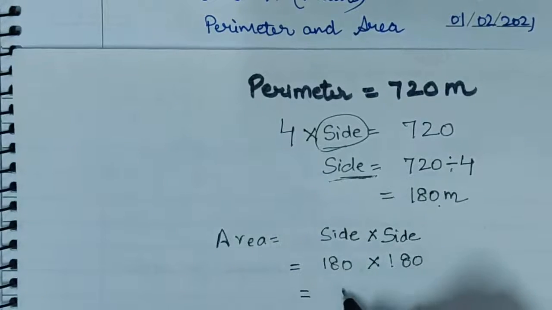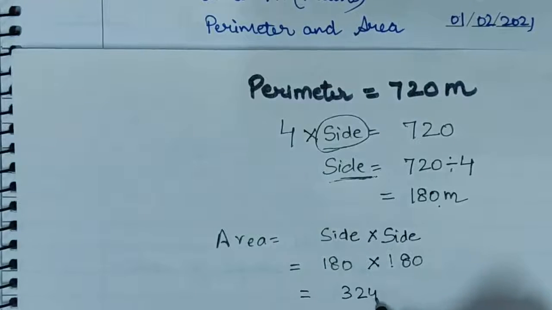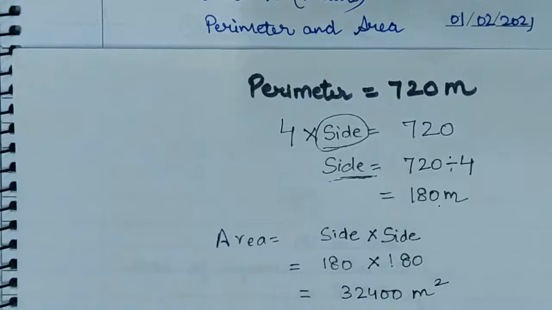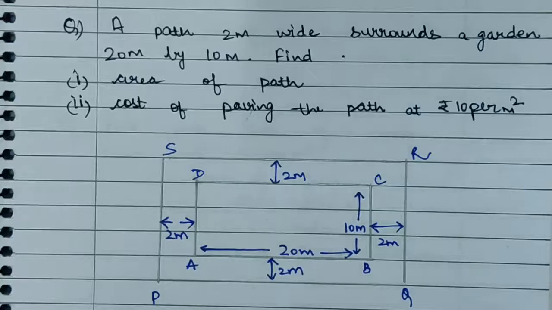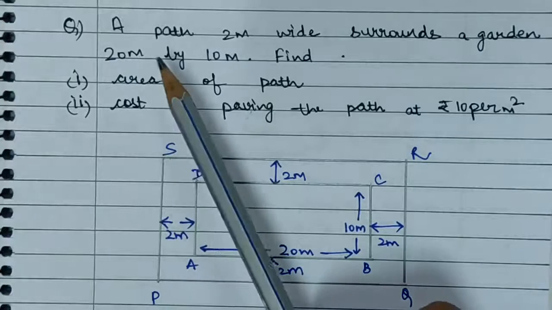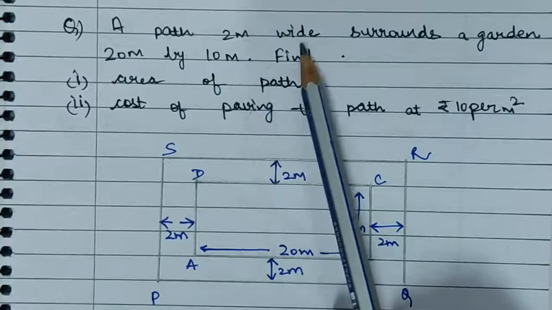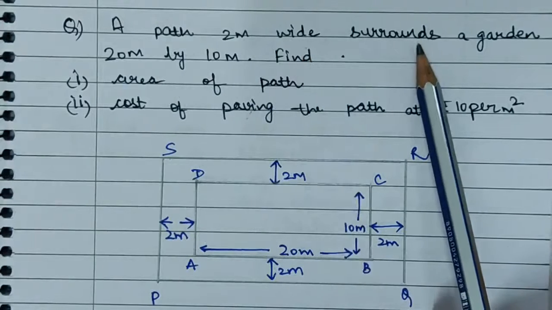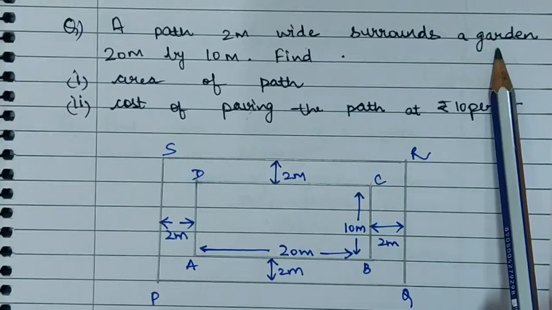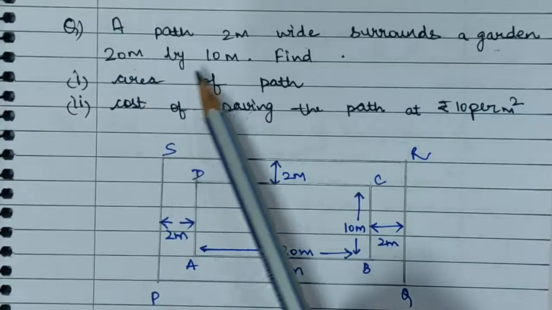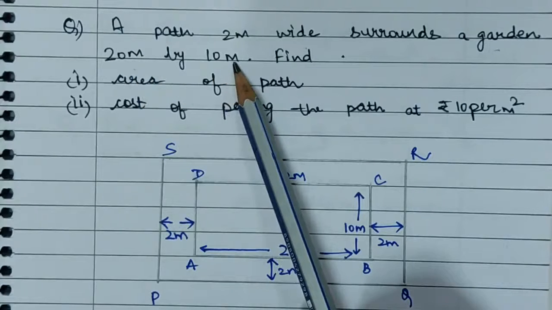So we get 32,400 meter square. Next question is, a path 2 meter wide surrounds a garden 20 meter by 10 meter.